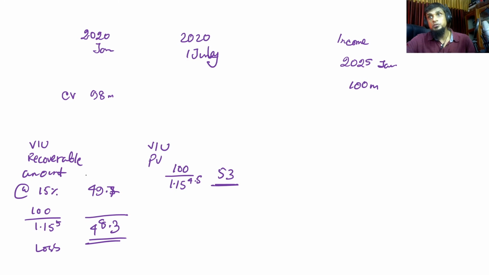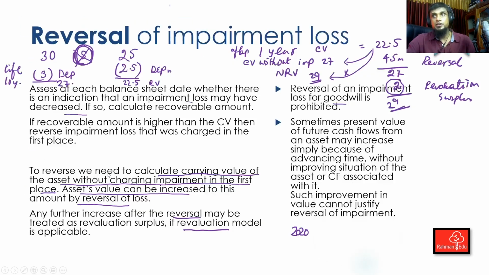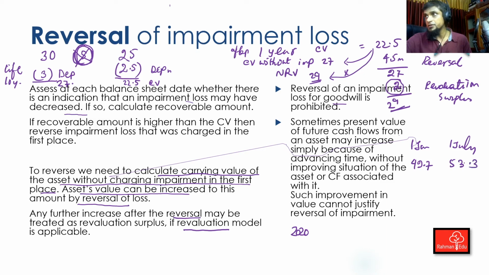Previous recoverable amount at the beginning of the year was 49.7. So you got the idea, right? Same amount, same rate, but the present value is different: 49.7, 53.3. These are the present values.